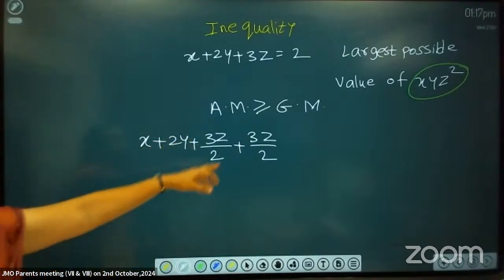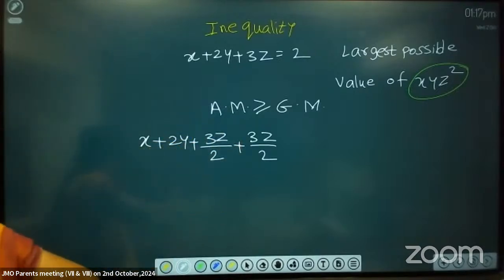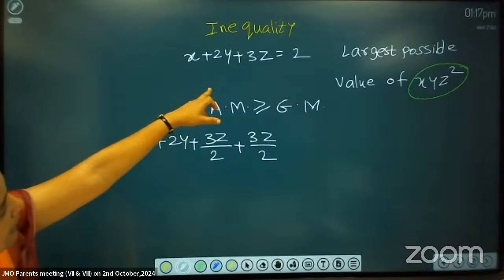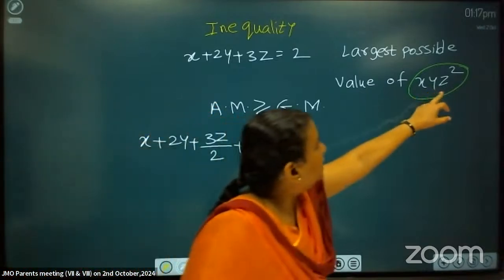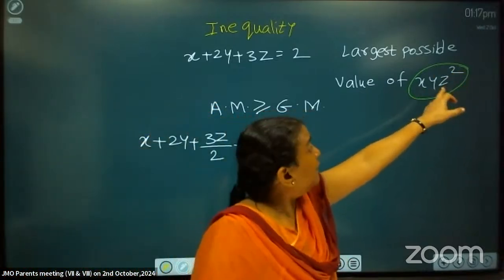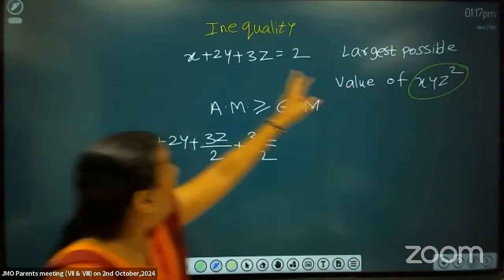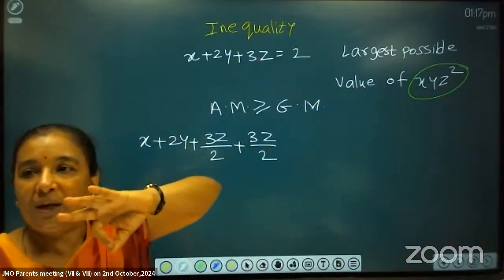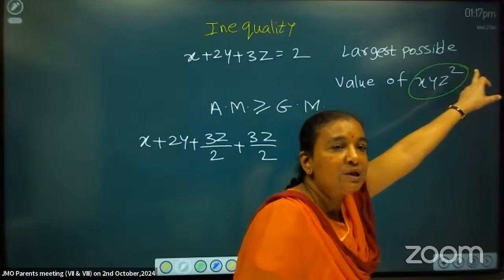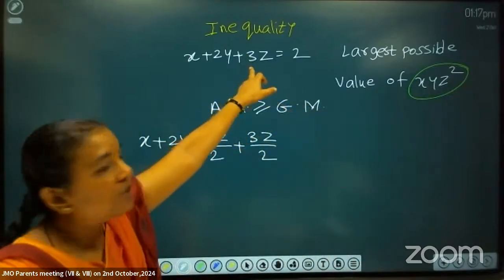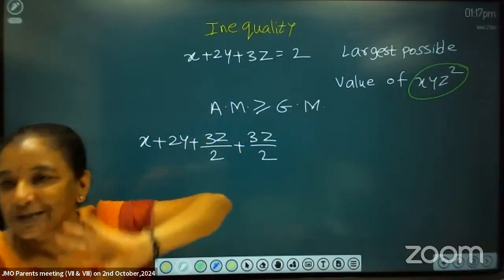See, 3z upon 2 plus 3z upon 2 means 3z only. Why I have split the term of 3z? Because it is z square. If it would have been z cube, I would have split this 3z in three parts. Had it been z raised to 4, I would have split 3z in four parts and so on.